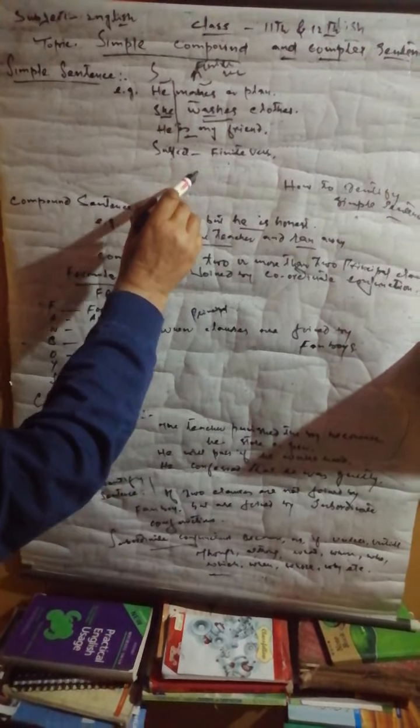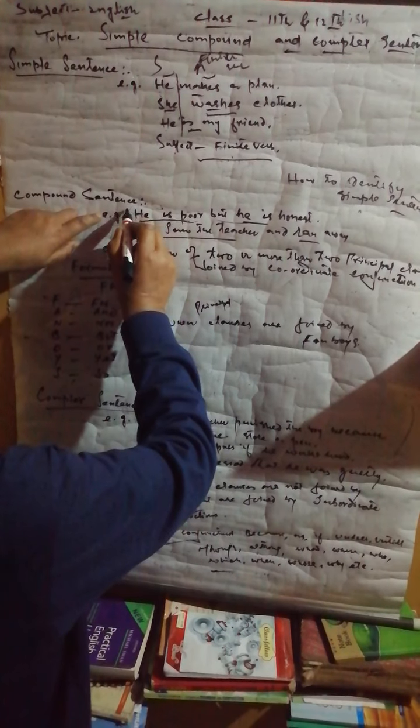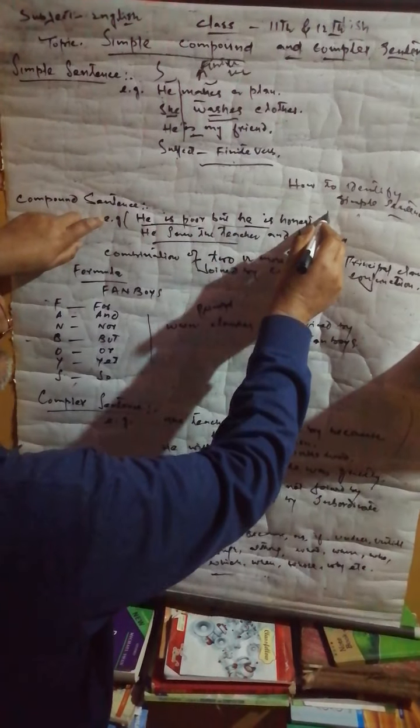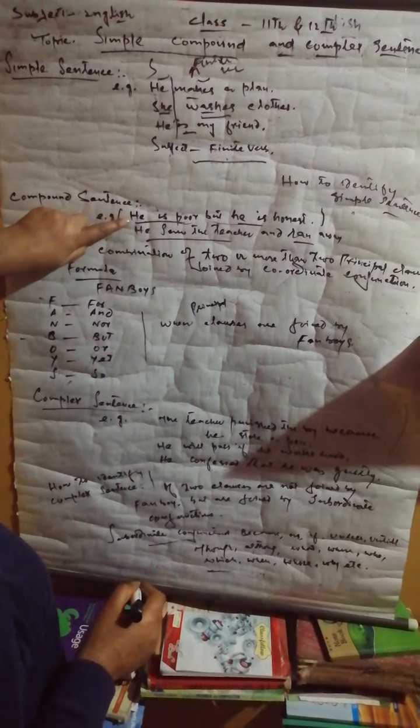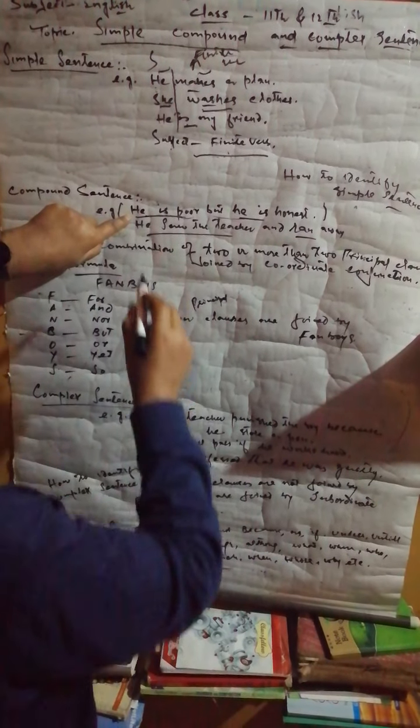Now come to the compound sentence. He is poor, but he is honest. In this example, the sentence is a combination of two clauses.